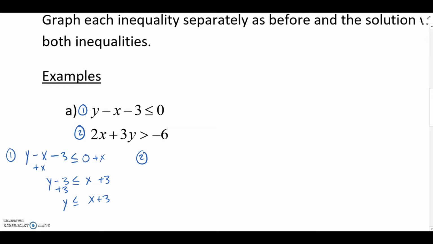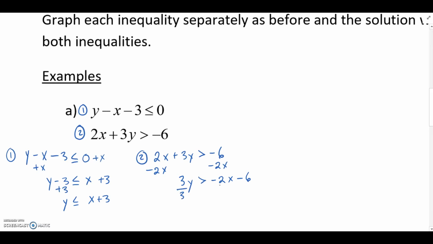For inequality 2, we've got 2x plus 3y is greater than negative 6. Subtract 2x from both sides. We've got 3y is greater than minus 2x subtract 6.